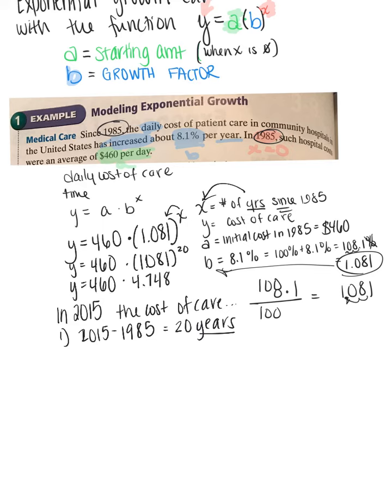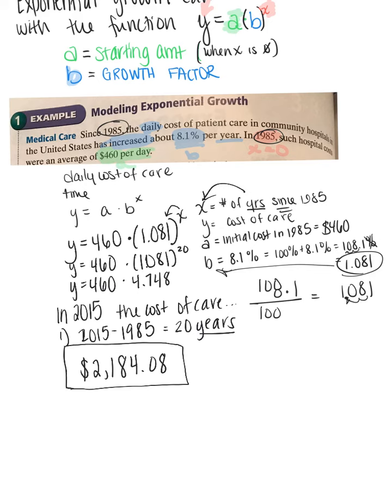What does this give me? All right, so it gives me a really long decimal. I'm just going to truncate it, or cut it off, after 3 places. So I get 460 times 4.748. Remember that you're doing your exponent first and then you're multiplying. And it gives me $2,184.08.